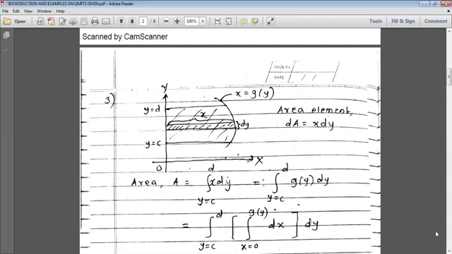So x is the length of the strip and dy is the width of the strip. Now the total area A will be equal to the integral from y equal to c to d of x dy. Or in other words, it will be the integral from y equal to c to d of g of y dy. Now the g of y can be replaced by the integral from x is equal to 0 to g of y dx.